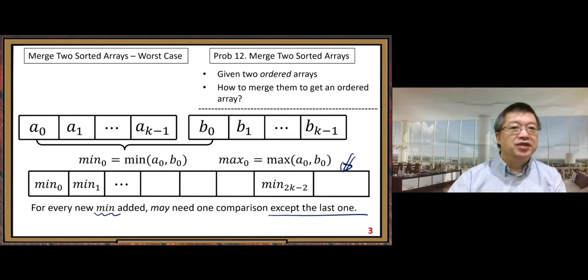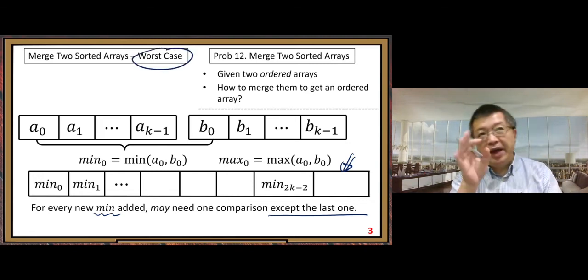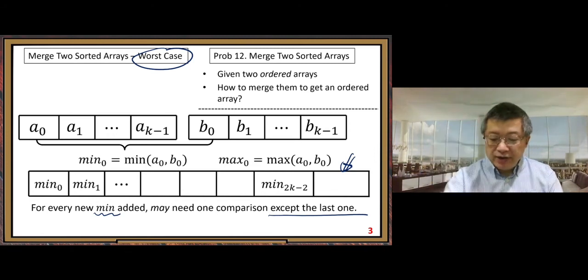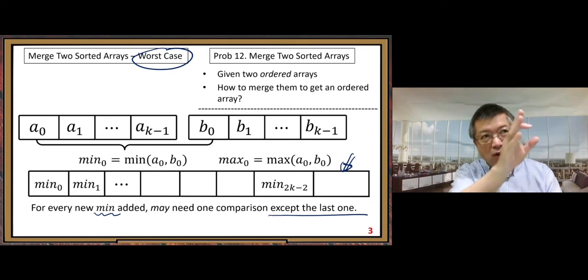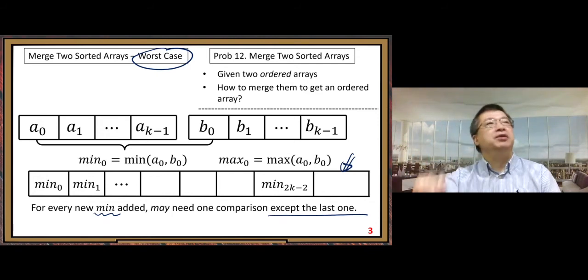Okay. So now we look at the worst case. This corresponds to the worst case. We need to do comparisons all the way to the end except the last element.